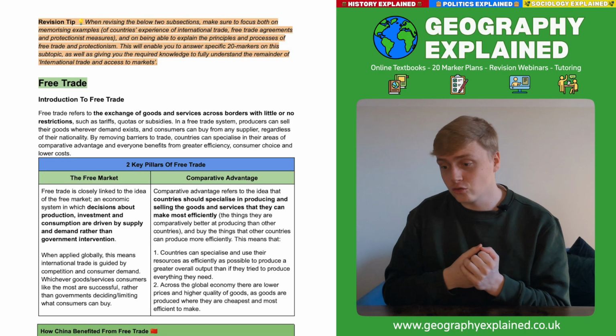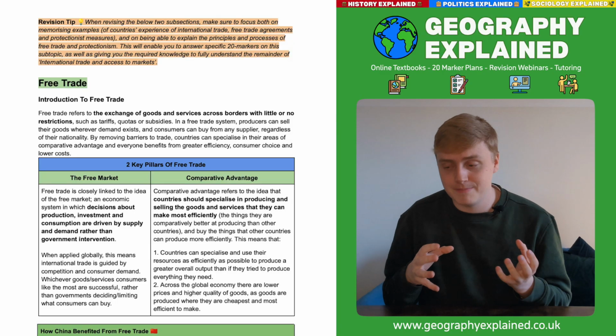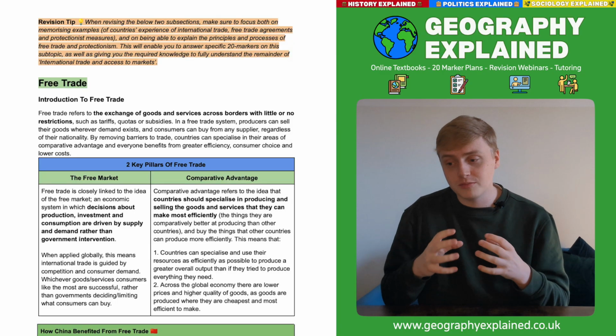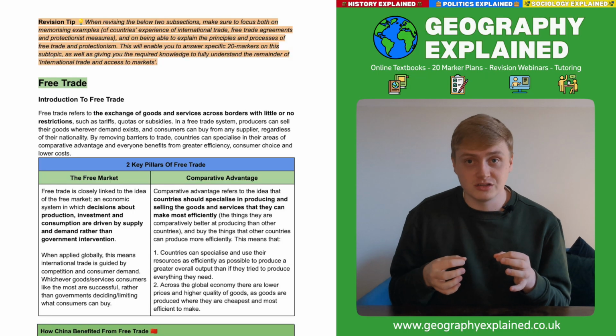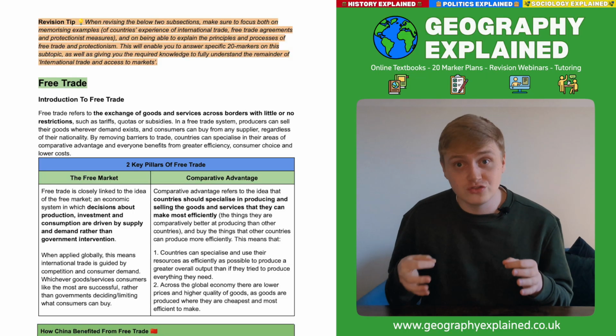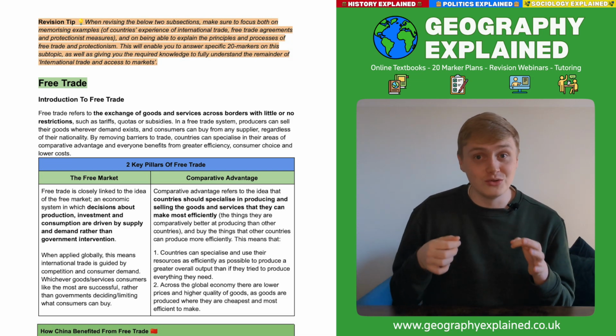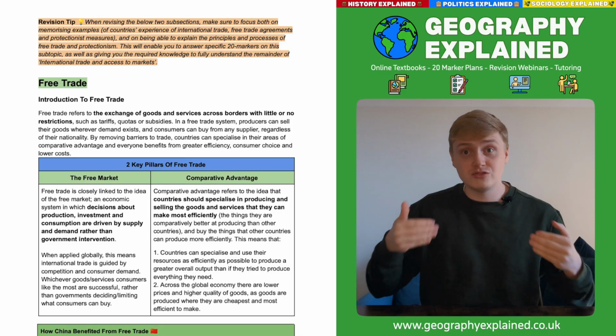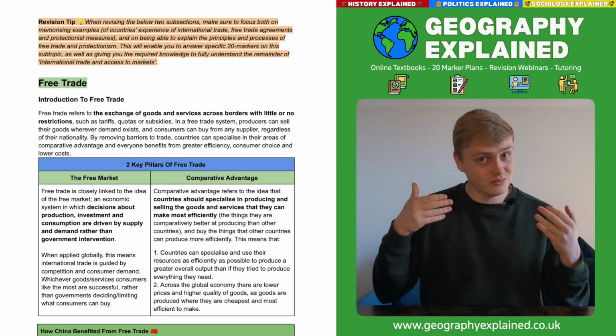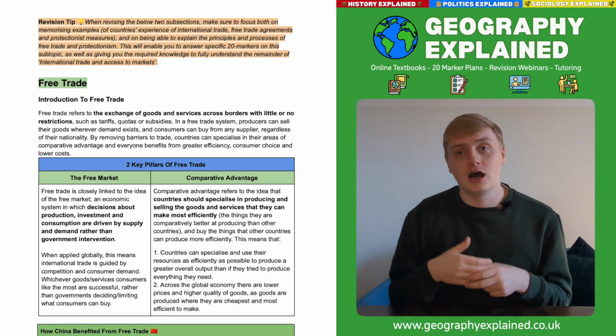Closely linked to free trade is also the idea of the free market. And this is the idea that decisions about production, investment and consumption are driven by supply and demand. So if someone in a country is producing something, they'll only do so if there's demand for it to be sold. And that means, because they're only producing something if there's demand, that we're producing things that people actually want and are actually efficient.